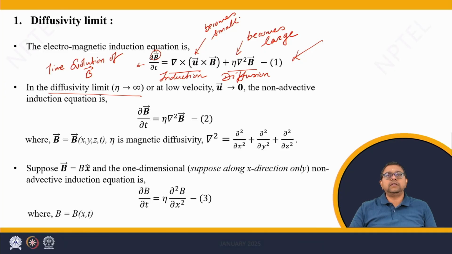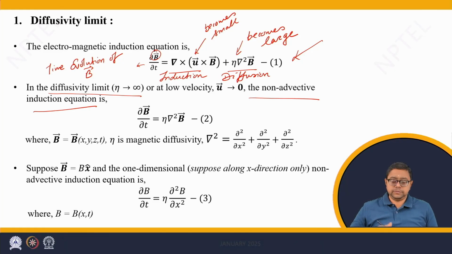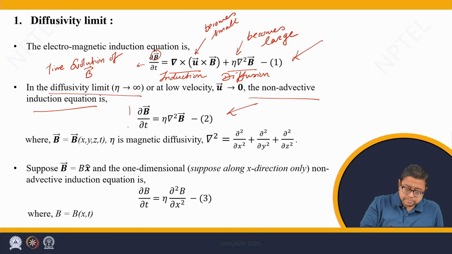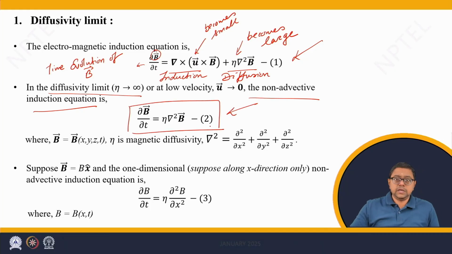Thus, either the velocity becomes small or the diffusivity becomes large, and we have the diffusion process dominating over the induction process. This leads to the non-advective induction equation as equation number 2. This is del B by del t equals eta Laplacian B.